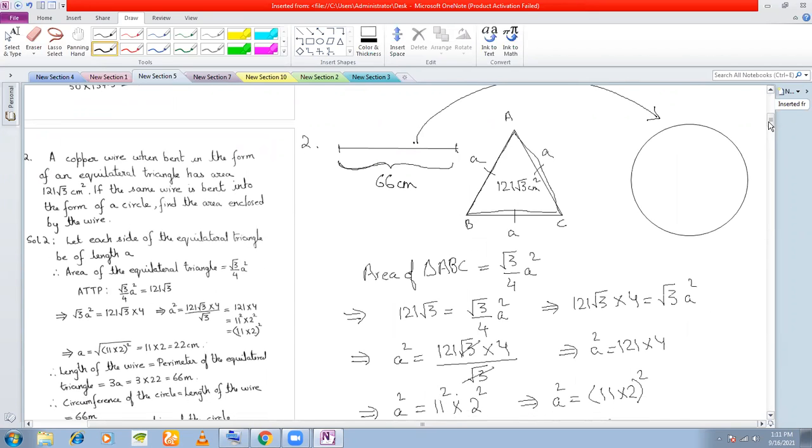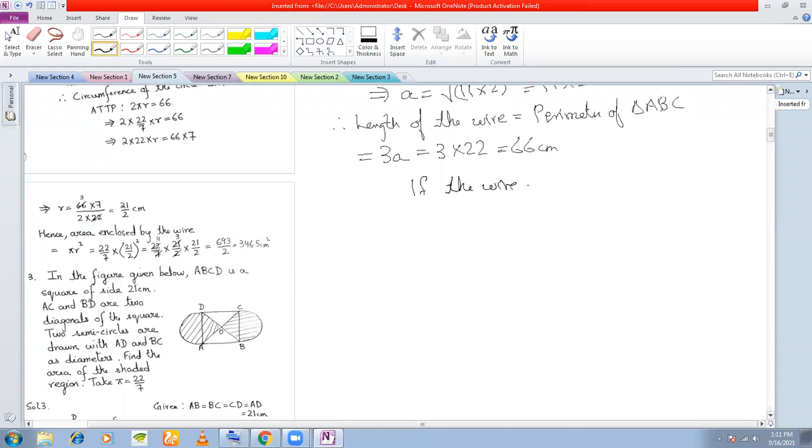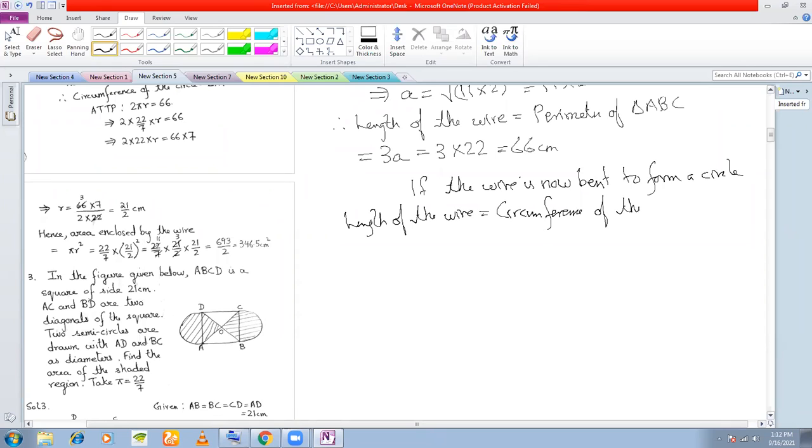So if the wire is now bent to form a circle, length of the wire must be equal to circumference of the circle, which is equal to 66 centimeter. The circumference of the circle is 66 centimeter.